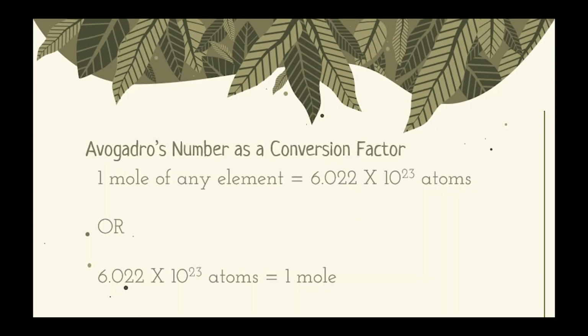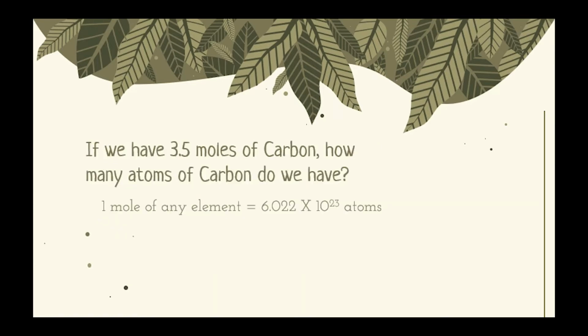So just like those conversion factors from the last slide, we can use Avogadro's number to change from atoms to moles and from moles to atoms. So if we have 3.5 moles of carbon, how many atoms would we have? We'll have to use our new conversion factor that 1 mole of any element equals 6.02 times 10 to the 23rd atoms.